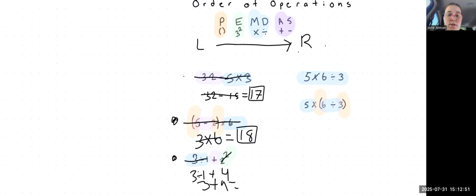No parentheses, no exponents, just did multiplication or division. That leaves me with addition or subtraction going from left to right. I have addition. 3 plus 4 is 7. So I can write 7. And that gets rid of my last thing in my original equation and everything else that's below.